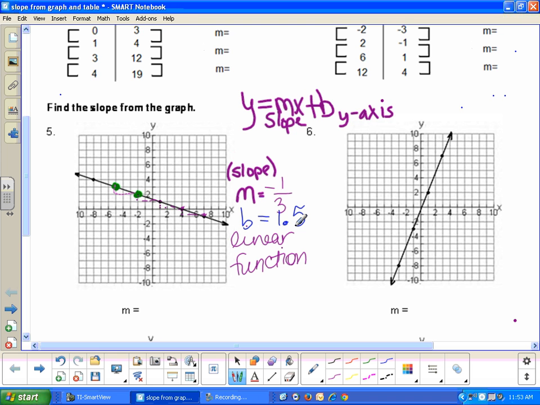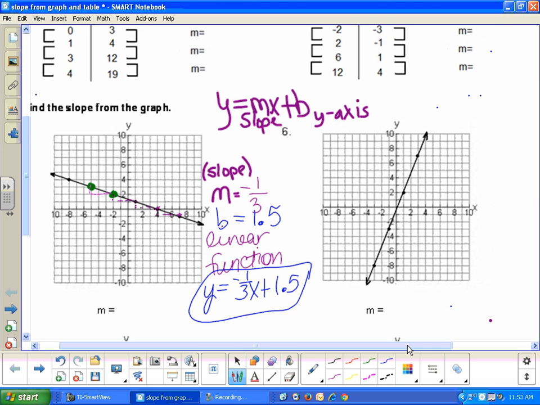So if I want to write the equation of my line, y equals negative 1/3 x plus 1.5. I want you to get to where you can look at that instantly and come up with it. This is from the y-axis. This is the slope. What about number 6?